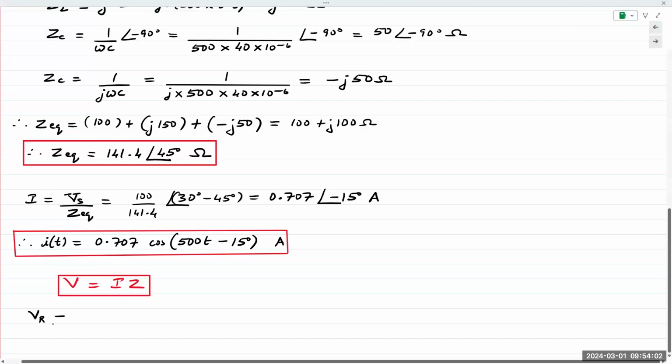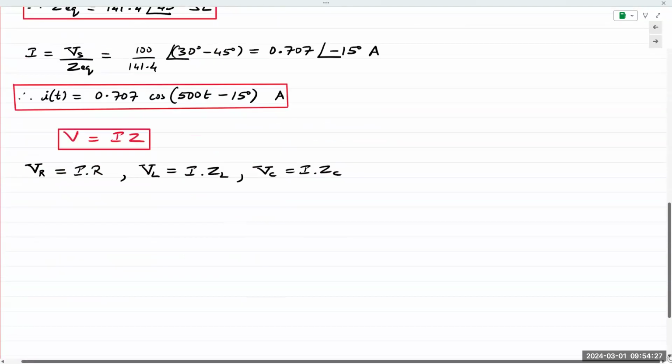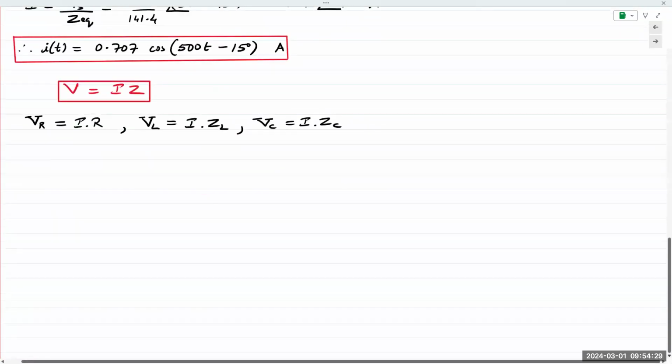So the phasor for VR would simply be I times R. Voltage for the inductor VL would simply be I times ZL. And voltage for the capacitor VC would be I times ZC. That's it. As easy as that. So I will give you the answers right now.